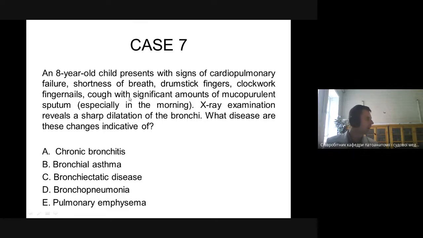So it was not 10 milliliters. Probably that was 100 milliliters or 500 milliliters. Is it possible to collect that much sputum in normal bronchi? No, that's not possible. They have to be dilated for that.